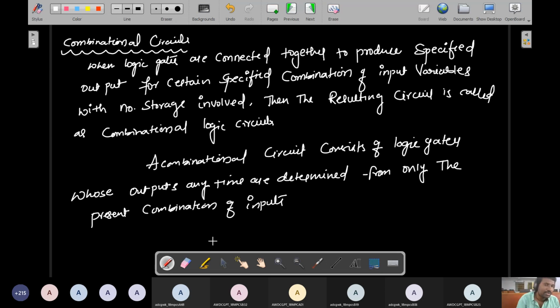Understand? Everybody please note, this is the information about combinational circuits. After that I'll draw a logic circuit of a combinational circuit.